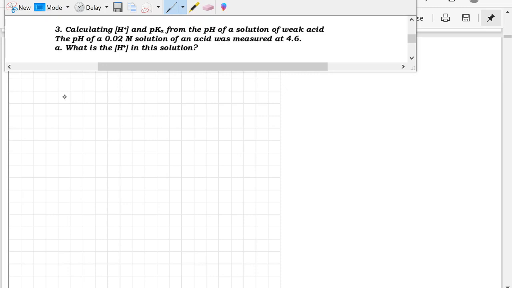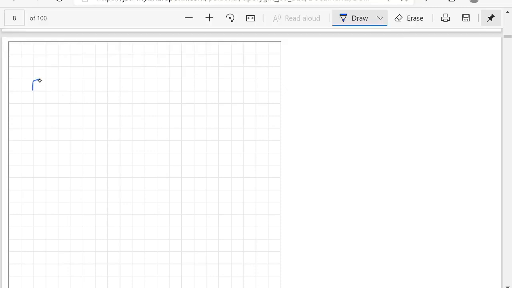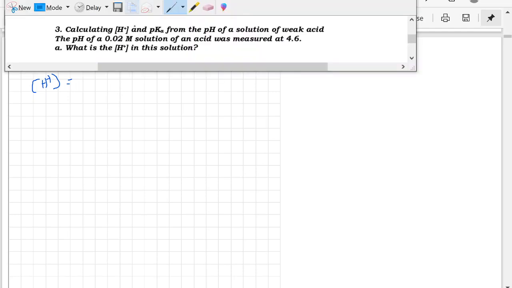So you might make an assumption that the H plus concentration is equal to 0.02, right? Because you might say, well, that's my amount of acid. But remember, this is a weak acid equilibrium problem.